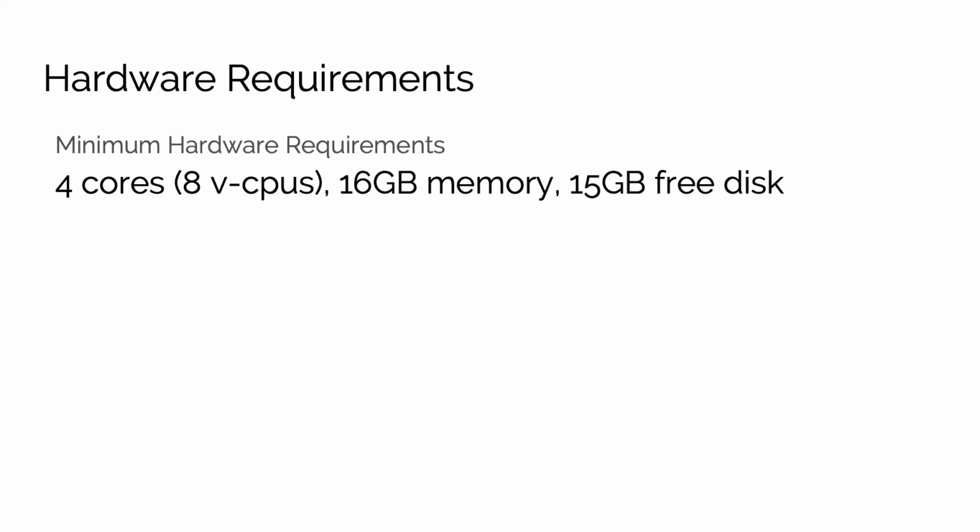Now, it's interesting if you're deploying to the cloud, so something like Microsoft Azure or Amazon AWS or Google GCP, then a lot of cloud servers are specified not using the number of physical processor cores, but actually using the number of vCPUs. So you might see a server which is listed as having 8 vCPUs. Now, when it comes to Tableau deployments, if you have 4 physical cores on a machine, that is equivalent to 8 vCPUs.